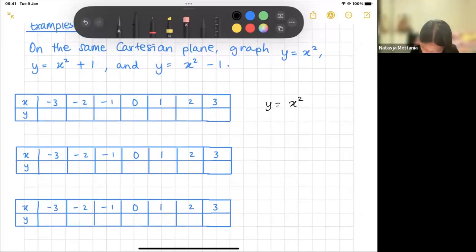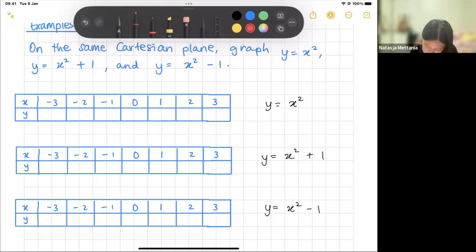Next to those 3 tables, I'm going to write down one of the equations from the question, just like so.